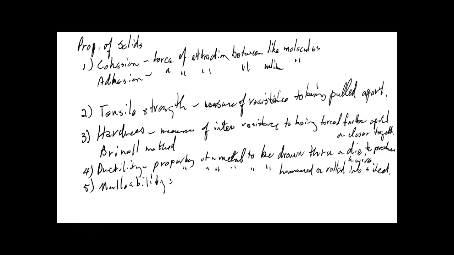It's a property of a metal to be hammered or rolled into a sheet. So all the same thing from above: property of a metal to be hammered or rolled into a sheet. So like foil. And actually they do this even with steel. If you've ever seen a steel plant at work, they heat up the steel really, really hot, and then they can roll it into sheets.